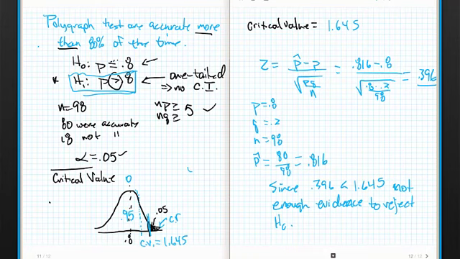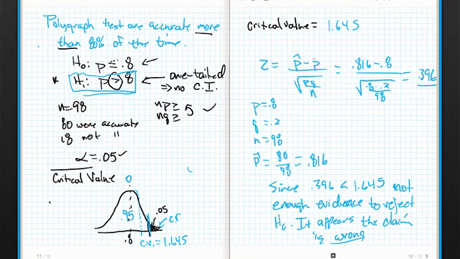It appears the claim is wrong. Is dead wrong. All right, the evidence says it's wrong.